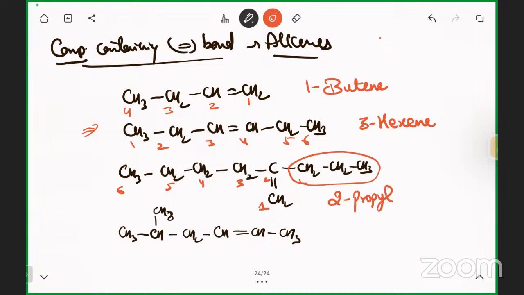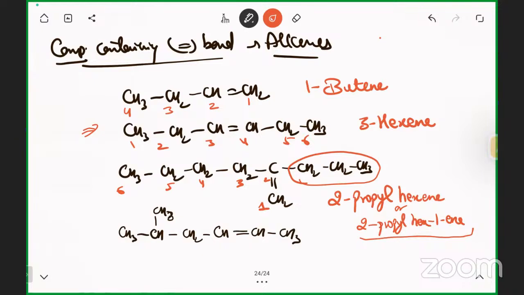So it will be 2-propyl. Since we have 6 carbons, it is hex, and since the double bond is present, it will be ene. The 2-propylhexene. Sometimes we write it like 2-propylhex-1-ene. This is also correct, just because we are mentioning the position of the double bond.